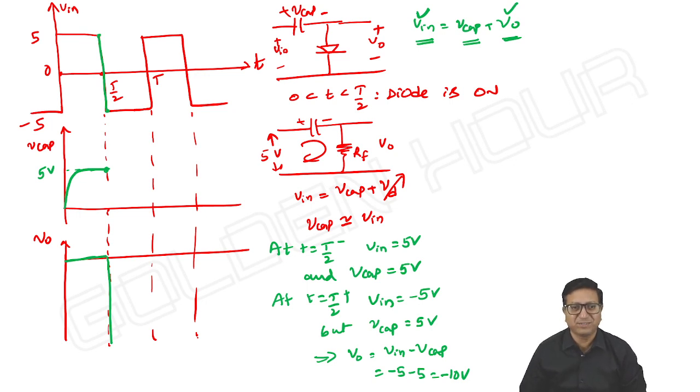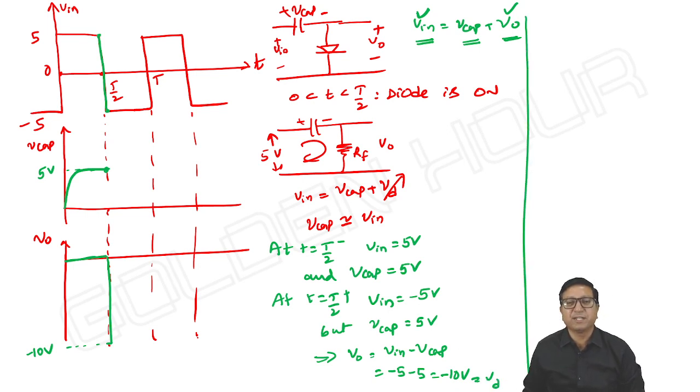Absolutely, across the diode you can see. So output is minus 10 volts, which is negative. Vd is negative. This is nothing but our Vd. As Vd is negative, what happens to the diode? Immediately the diode becomes off. I will write it on the next page.